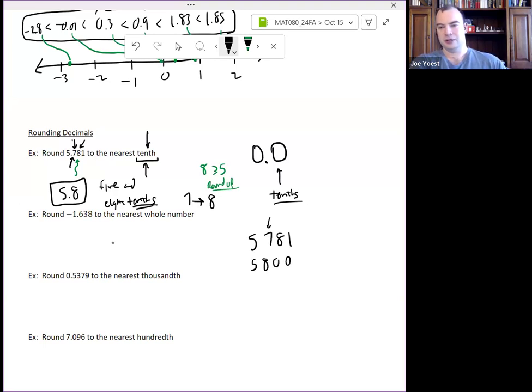So we would turn these into zeros in a whole number and they would stick around. Really, here we kind of have 5.800, but if we have 0 hundredths and 0 thousandths, then we can just leave those off, right? Trailing zeros after the decimal point or leading zeros before the decimal point, we can leave off. But these zeros are important placeholders because, of course, 5,800 is not the same as 58.